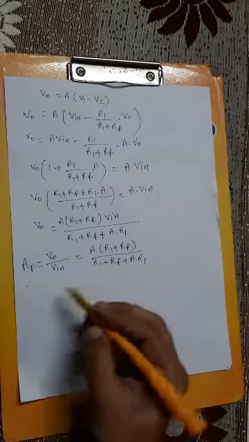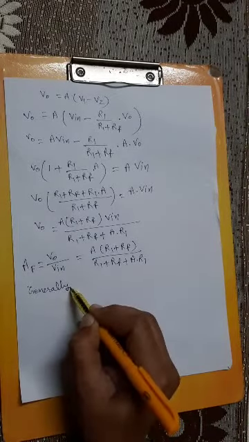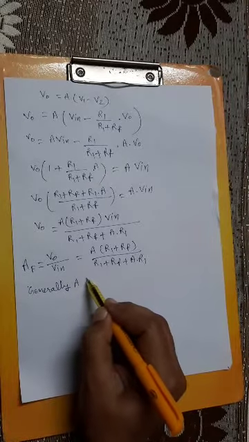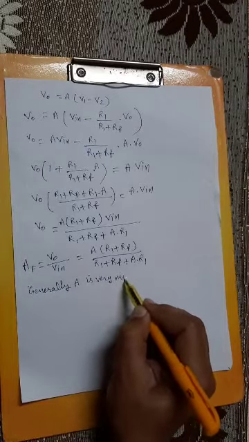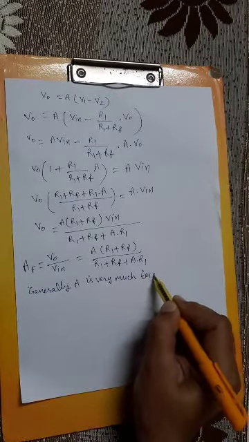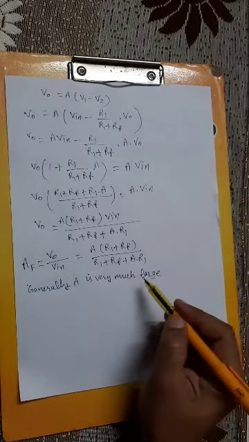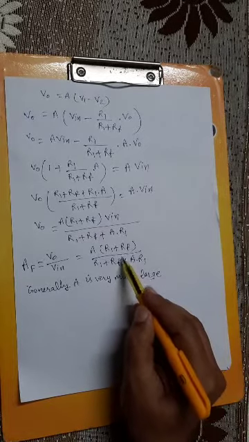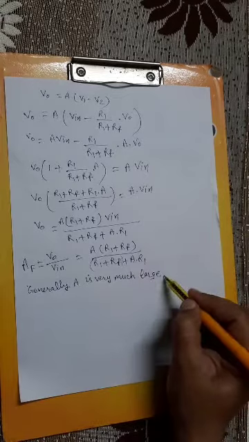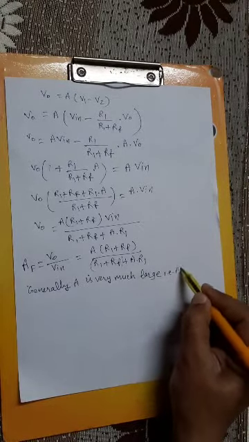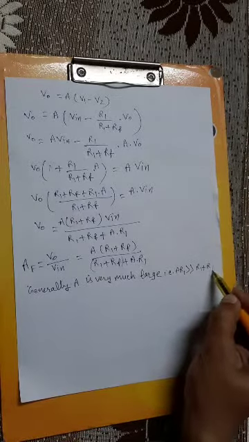Generally the open loop gain A is very much large. So if you compare this factor with this, A R1 is very much greater than R1 plus Rf.